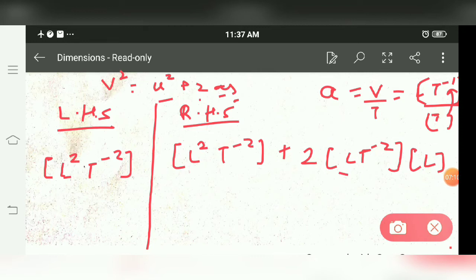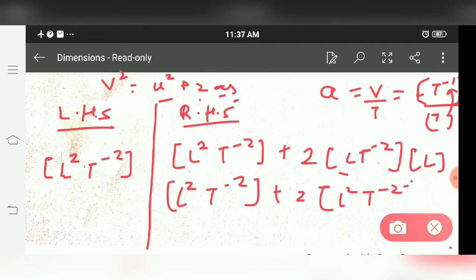So it is L into L square t minus 2 plus 2 L square t minus 2. We do not count the constant, because we are just checking the dimension equality on both sides. So this is same and same.